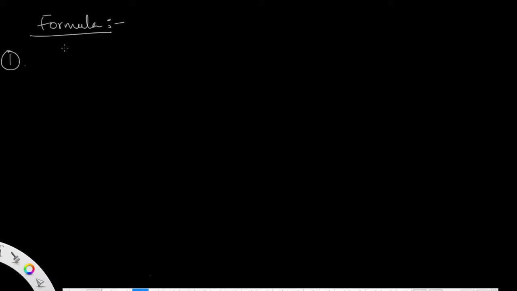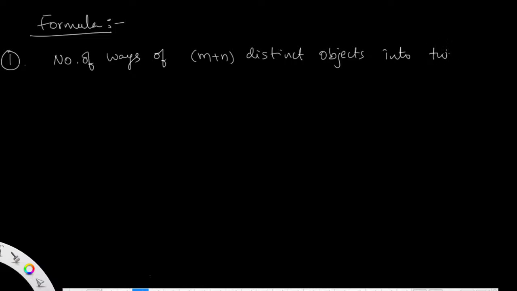Then we can write the formula for the number of ways of dividing m plus n distinct objects into two groups of sizes m and n. What is the formula?